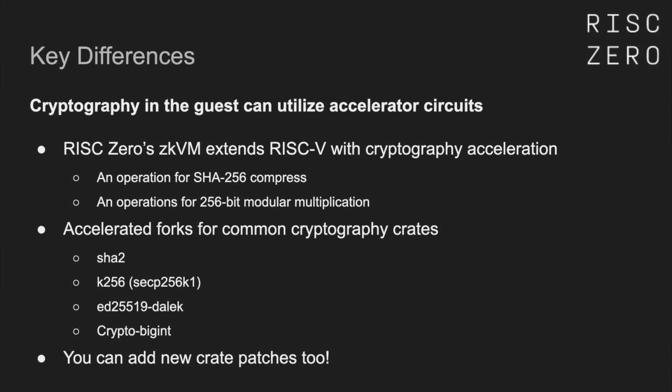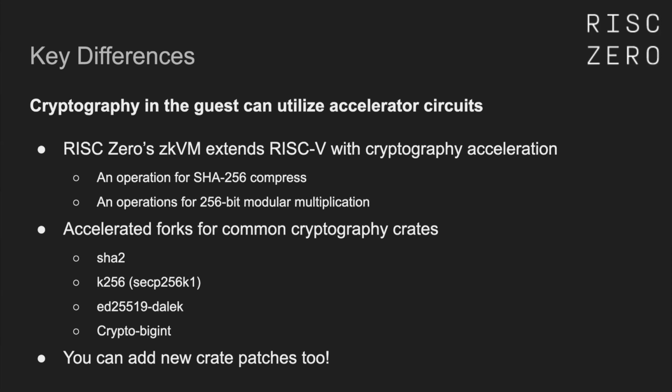In particular, we have a fork of the Rust crypto SHA-2 crate, the K256 crate, which implements secp256k1, the Bitcoin and Ethereum ECDSA curve. We also have an accelerated implementation of Ed25519, which is used for EdDSA signatures and other operations, and a fork of the crypto-bigint crate for general purpose bigint operations as well.